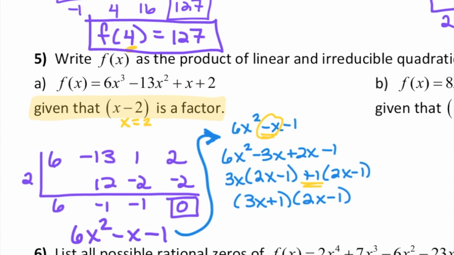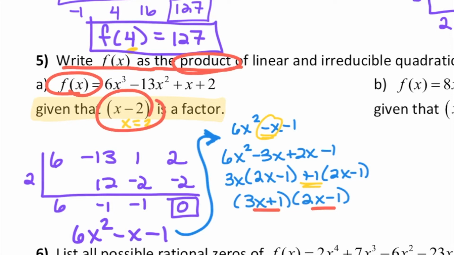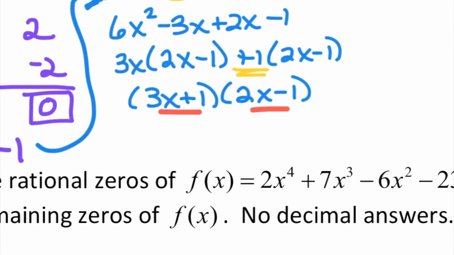But the directions say to write f of x, so I want to write what's equal to f of x as a product. So I want to take those two linear factors and what I divided by, and my answer is all of those things multiplied.